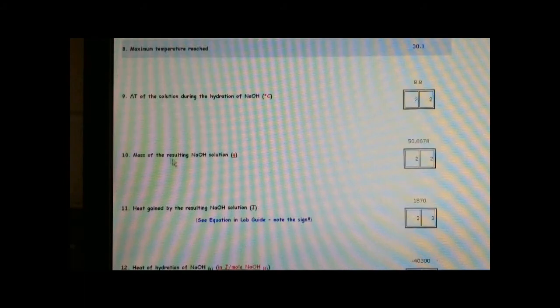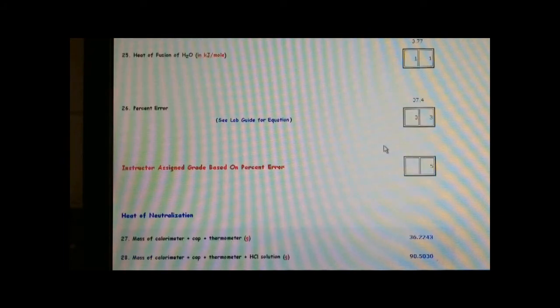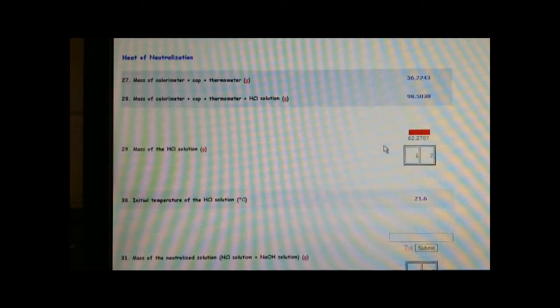Number 10, mass of the resulting sodium hydroxide solution, 50.6678. Remember, we put that one aside and we added it to the HCl. All right, so here we're going to take that mass and add it to the HCl mass, and we get a total mass of 112.9465.